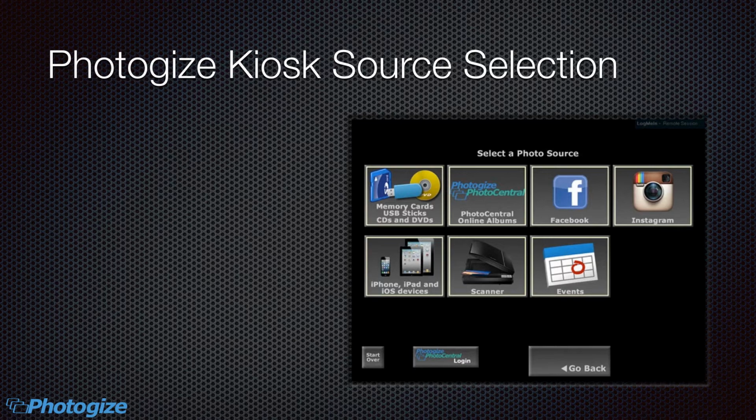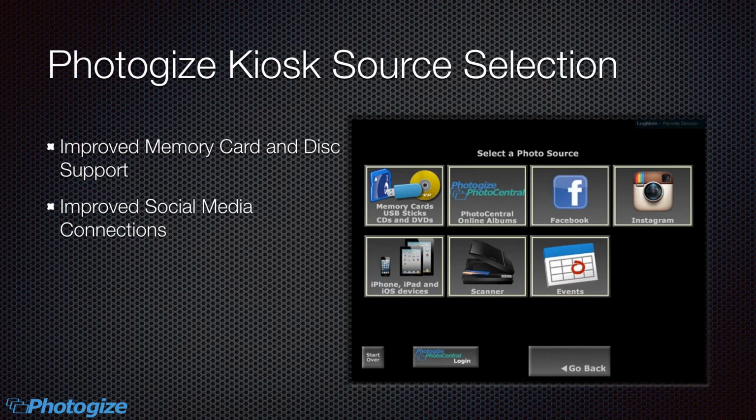So we're going to go through all the different types of new source selections that you or your customers can make. All right, so the first thing you're going to see on the upper left is a memory card selection. And we've actually improved support for memory cards and disks and USB sticks. And I'll show you how you configure that in a second. We've improved our social media support by adding Instagram.